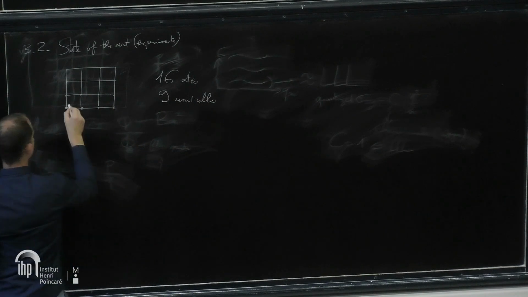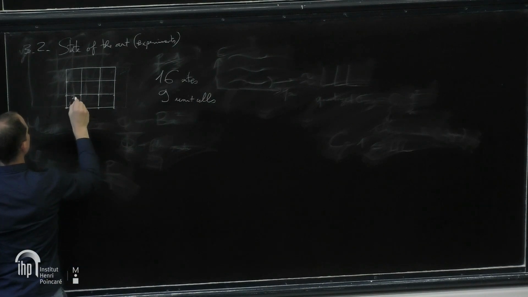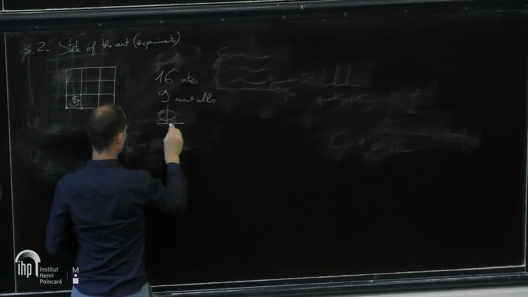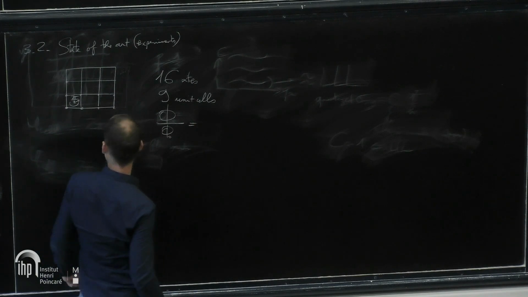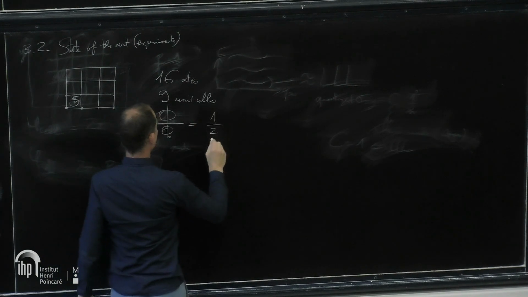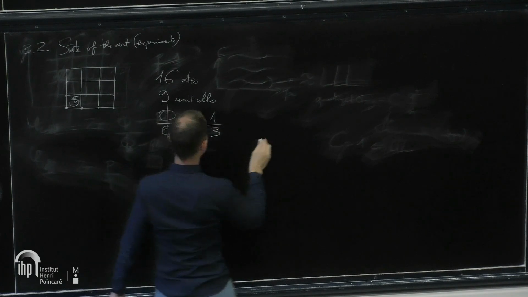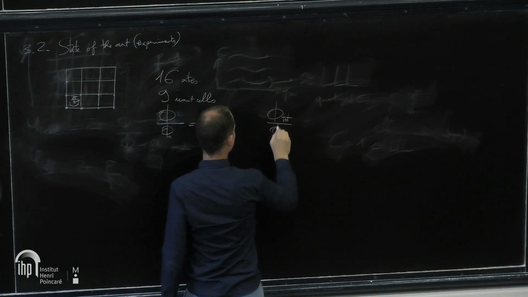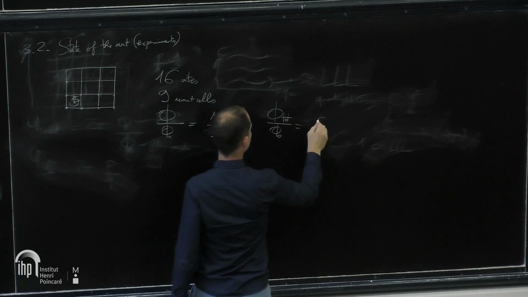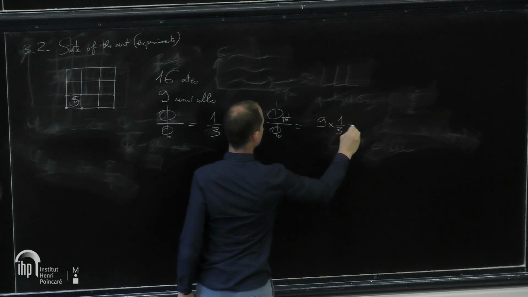And the flux here was 2 pi over 3, which means that phi over phi naught was 1/3, and the total flux phi tot over phi naught was 9 times 1/3, which was 3.